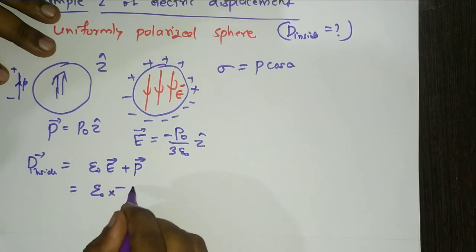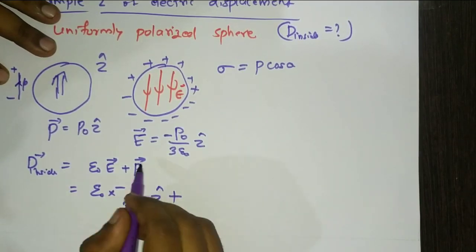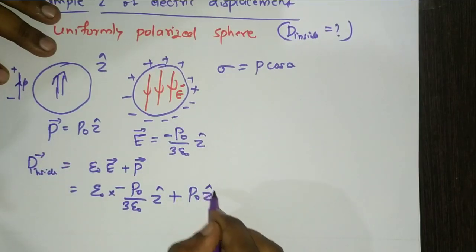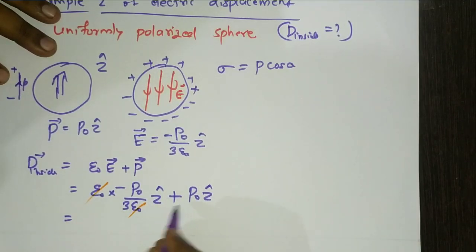It is epsilon 0 into minus P0 by 3 epsilon 0 z cap plus P replaced by this expression P0 z cap. This epsilon 0 gets cancelled.